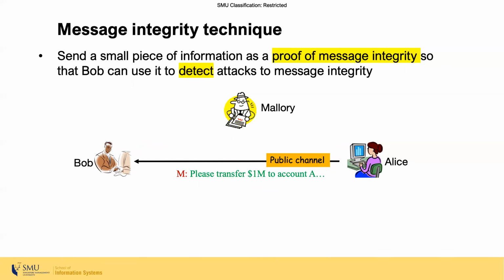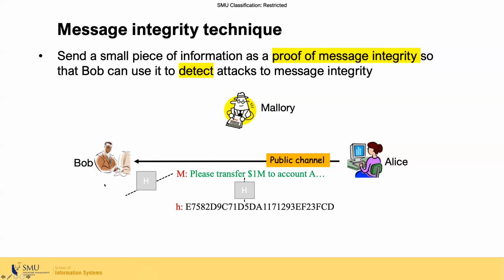Alice sends a message M, and we use a function, let us denote it as H, to compute a small piece of information as a proof of message integrity. The H function maps the message M to a small piece of information. Alice will then send both M and H together to Bob, the receiver.